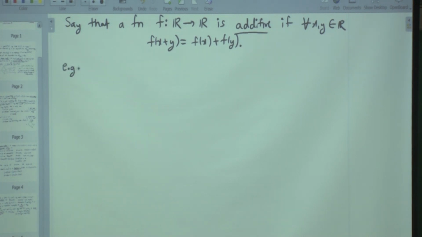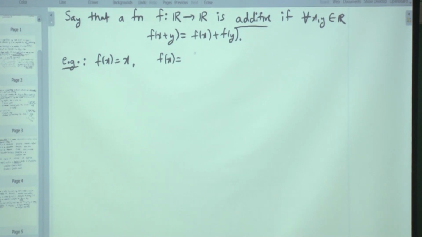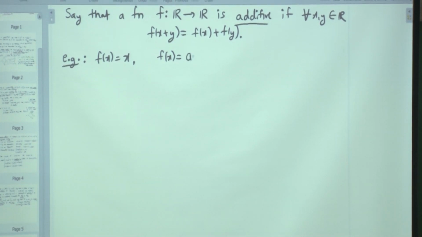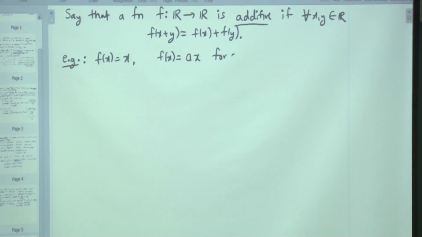For example, f of x equal to x. Any other example? Any linear function. f of x equal to ax, not ax plus b. Yeah, plus b will create a problem. For any a in real numbers, f of x equal to ax, this is linear.